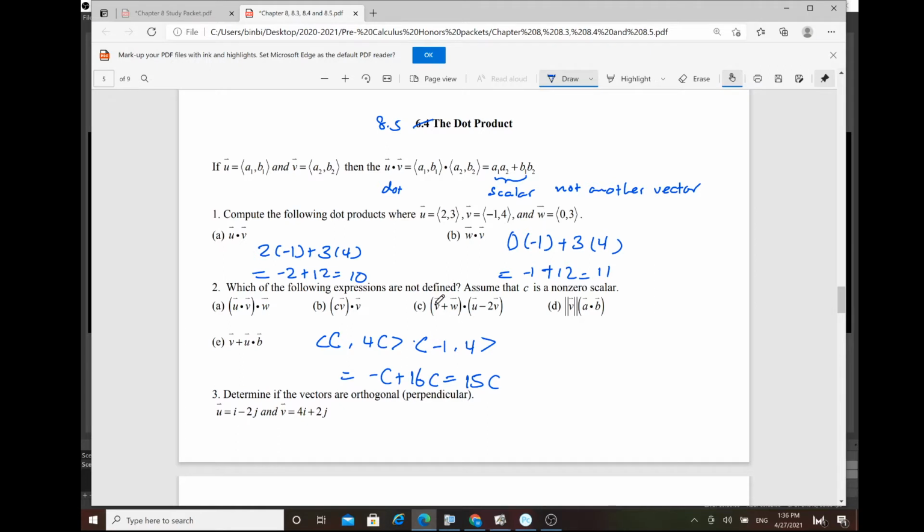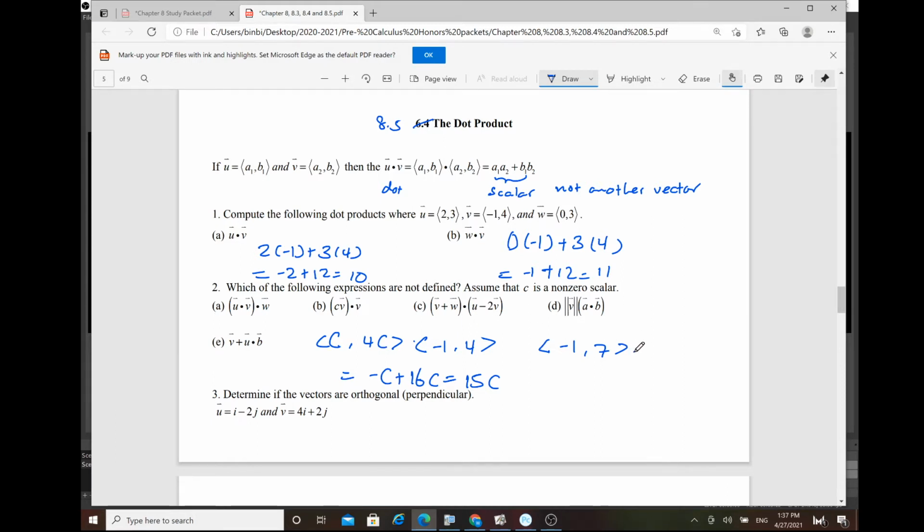For this one, you want to combine those two vectors first, then subtract u and 2v, and find the final scalar. So v plus w is (-1 plus 0, 4 plus 3), which is (-1, 7).